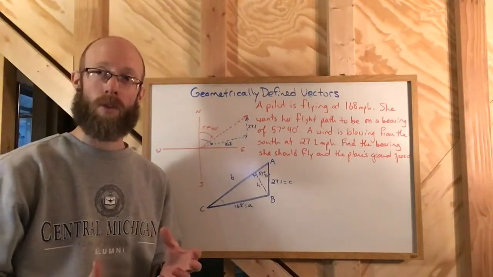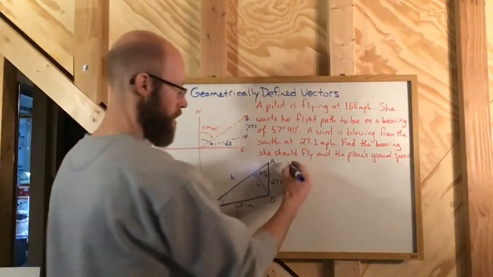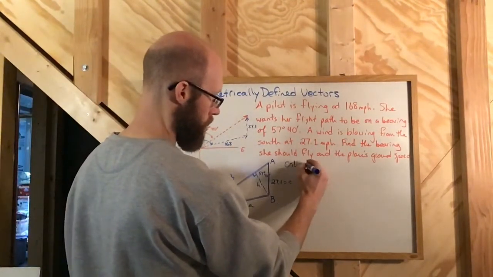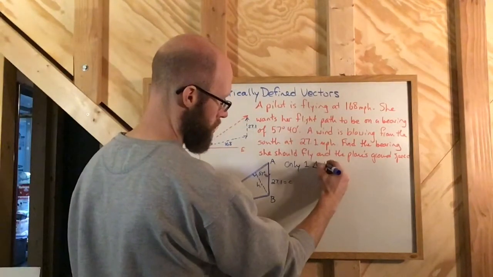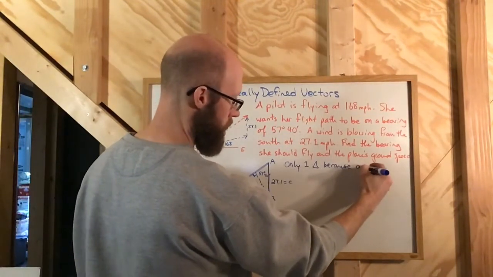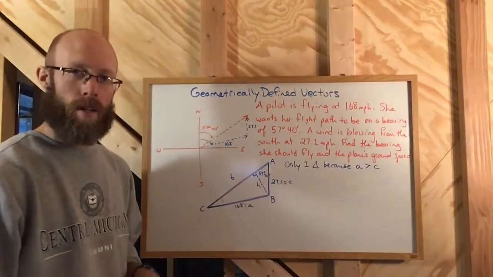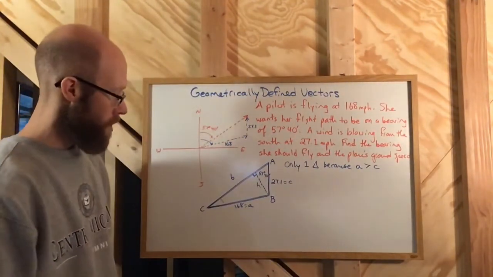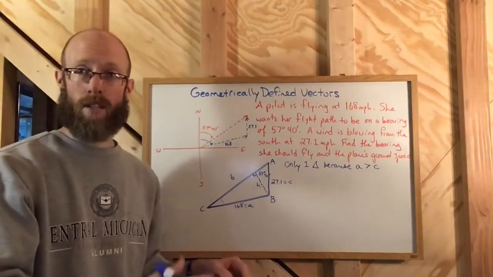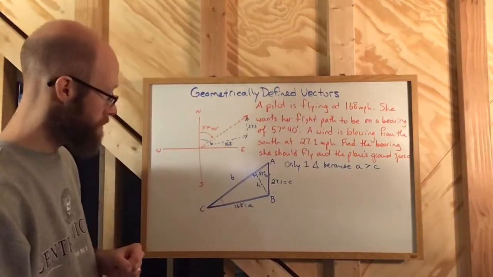Again, this is our ambiguous case, but I can determine there's only one triangle because A is greater than C, okay? So now I can use my law of sines and I don't have to worry about the ambiguity in that.